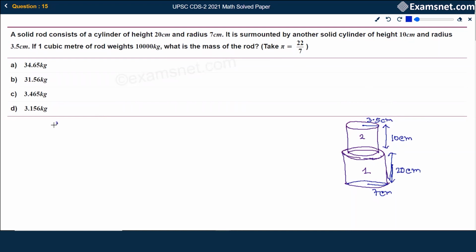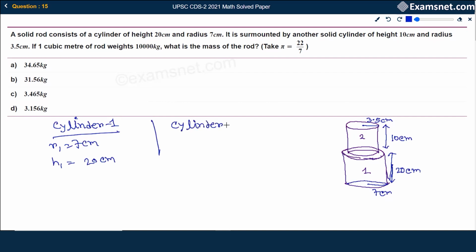For cylinder 1, if I list down the dimensions, here R1 is 7 centimeter, radius 7 centimeter, and height 20 centimeter. Whereas for cylinder 2, radius 3.5 centimeter and height 10 centimeter.